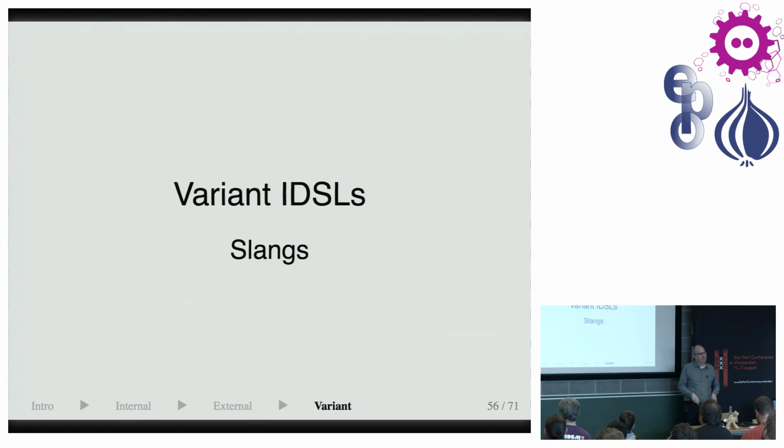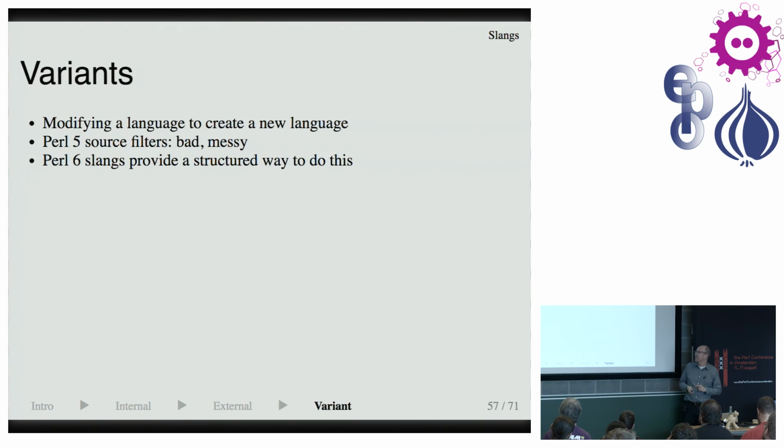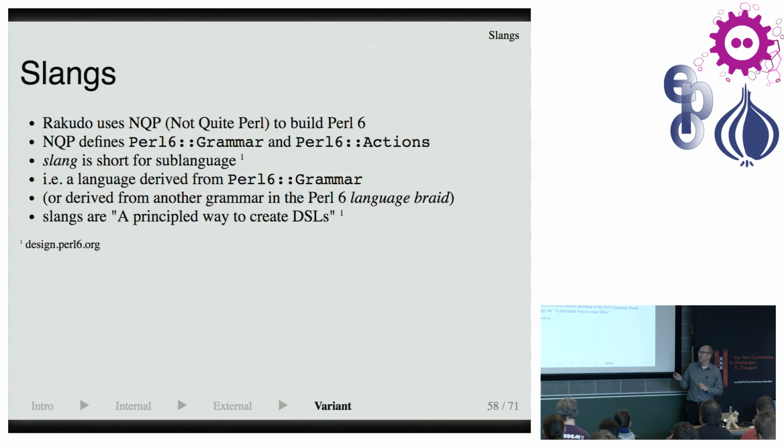Okay, so for a couple minutes here, I'm going to say a few words about slangs. Essentially, slangs are a structured way to modify the grammar. So the Rakudo implementation of Perl 6 uses NQP, which has a Perl 6 grammar, which is just like the grammar that you just saw, except it's actually parsing Perl 6, and you can mess with it.